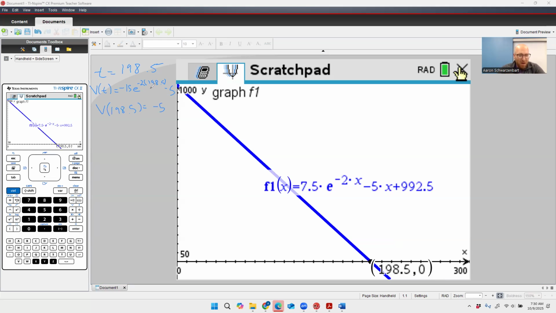So my parachutist will hit the ground at negative 5 meters per second, or going 5 meters per second down.